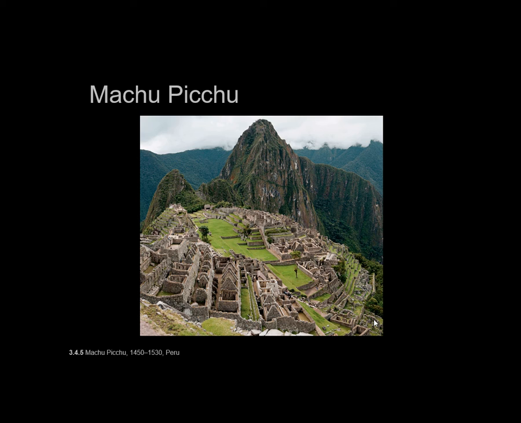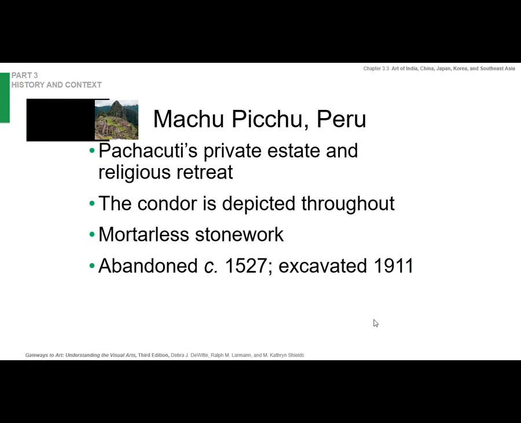Lots of people go and visit this. It was a religious retreat. The condor, which represented the spirit, is depicted throughout. It was in use from like 800 to about 1527, and then abandoned and buried, and then excavated.